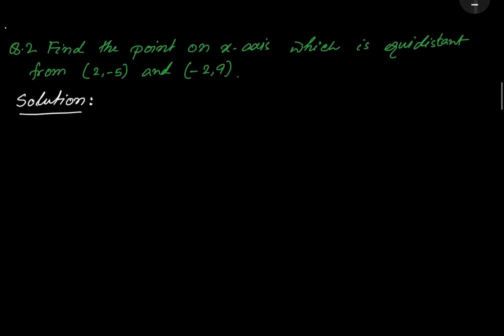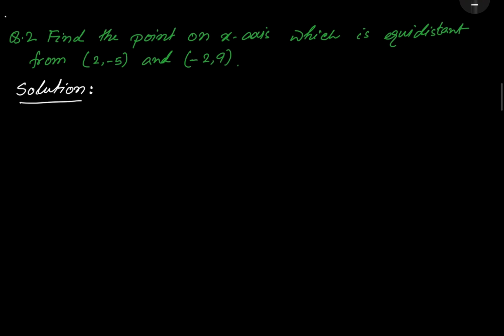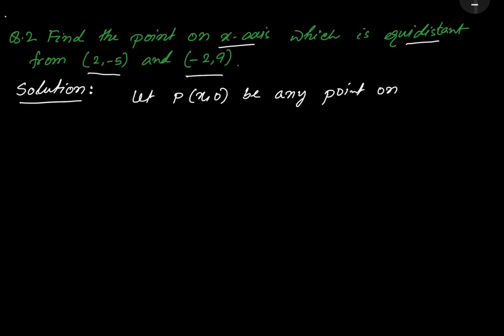Next question is, find the point on x-axis which is equidistant from this to this. Okay, let P x, 0 be any point on x-axis.